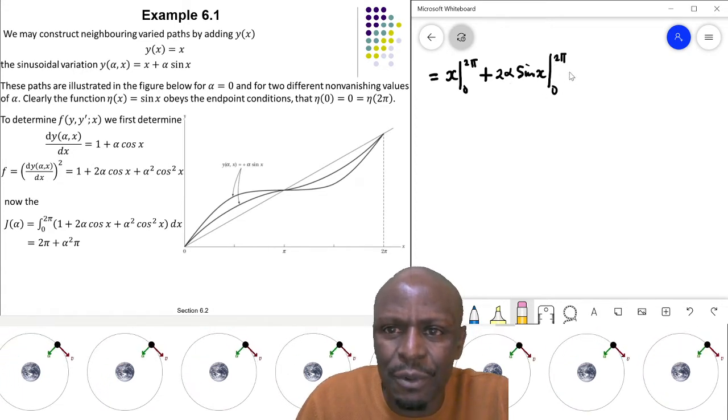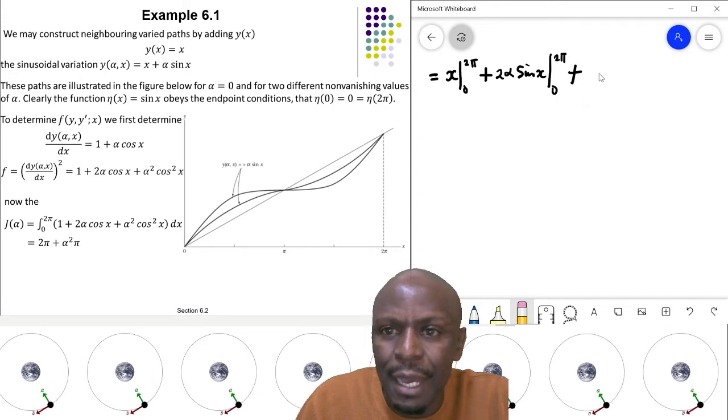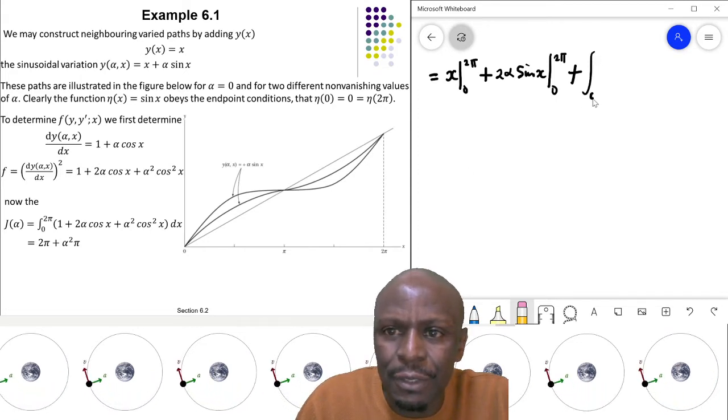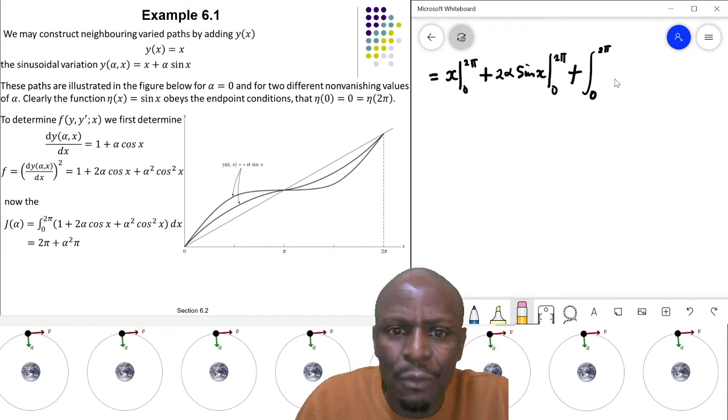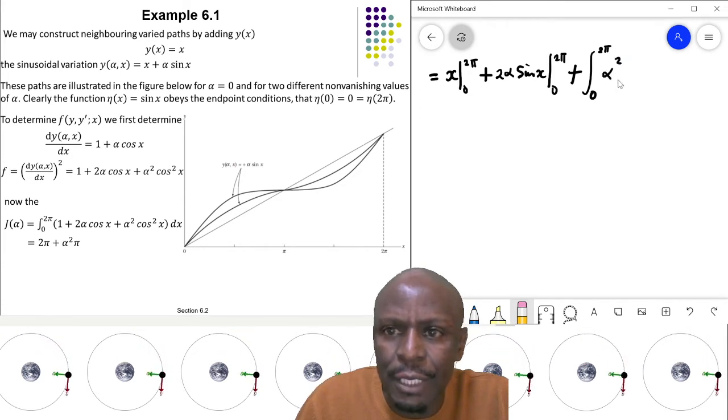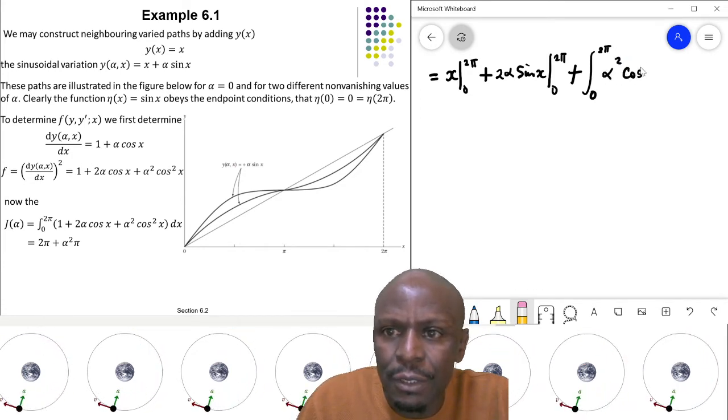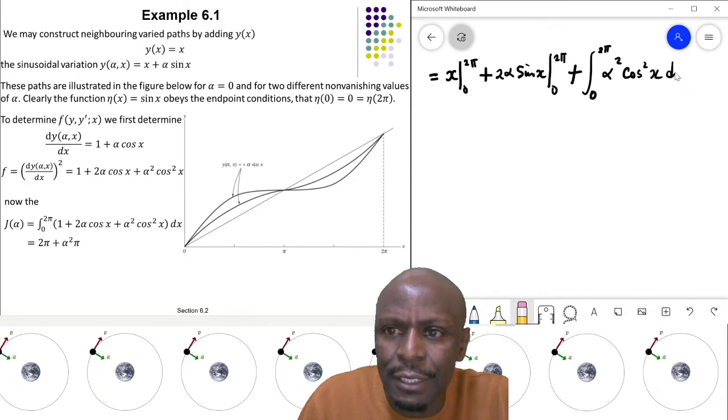Then that will be plus the integral from 0 to 2 pi of alpha squared times cos squared x dx.